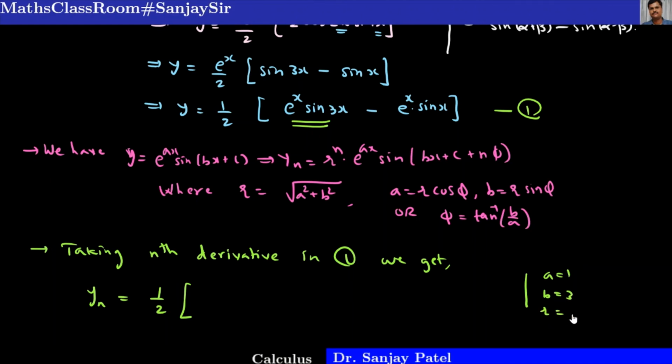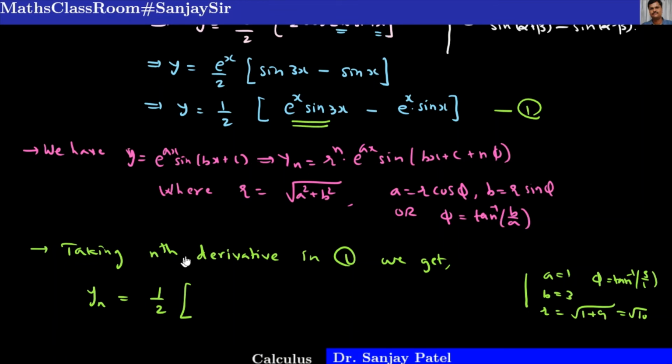So r is equal to square root of 1 plus 9, so it is square root of 10. And what is the value of phi? Phi is given by tan inverse of b upon a, that is 3 upon 1. So we can now write down, using this formula, putting r is equal to root 10 and phi is equal to tan inverse 3, the nth derivative of this first term.